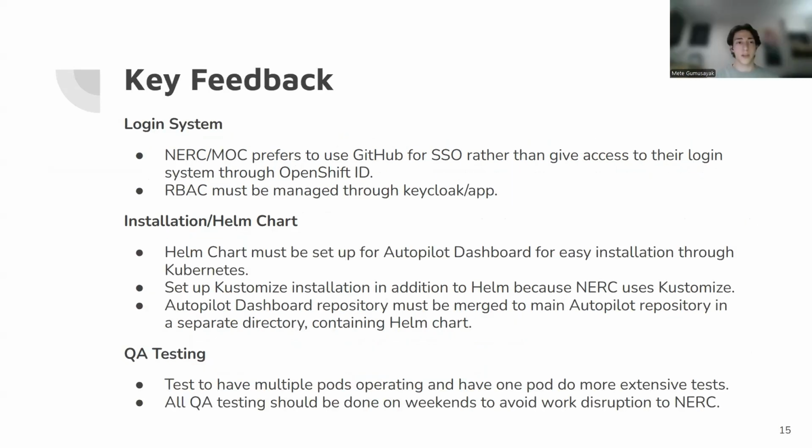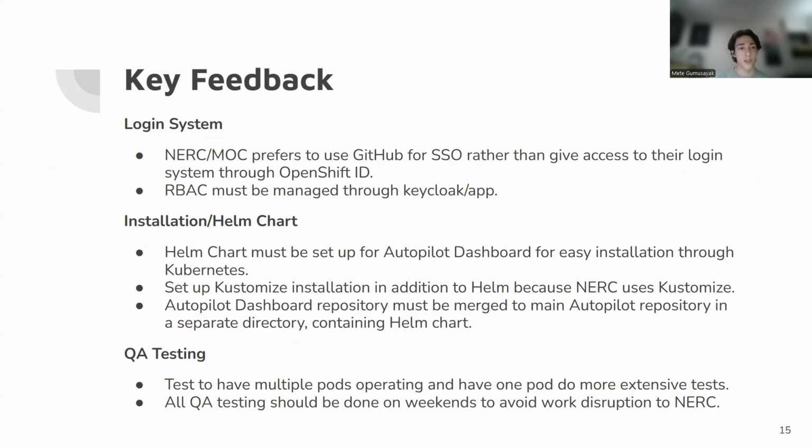Some feedback that we got from our mentors is that for the login system, NERC prefers to use GitHub for their SSO instead of giving access to login with OpenShift ID, which is what IBM wants to use. And then RBAC must be managed through the Keycloak app.